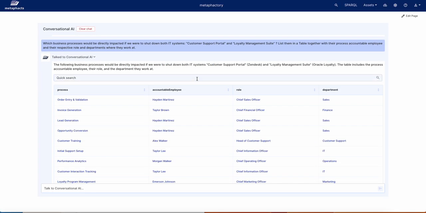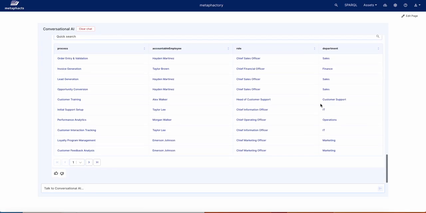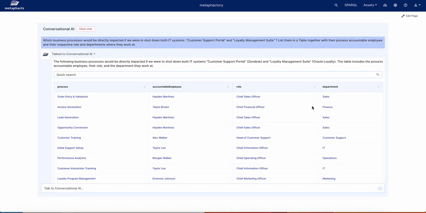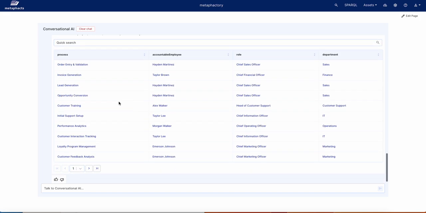And here we can see also the accountable employee for each of these processes, what role they have and in which department they work. So this, in general, is to gain some business insights about the data that we have and how this all links together, and also to be capable of covering these what-if scenarios.